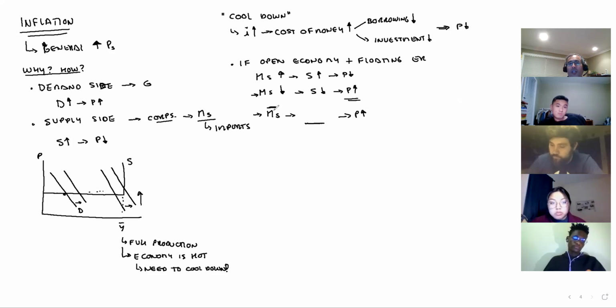What can create inflation given that imports are constant? Supply goes down. No. I'm saying it stays constant. So the supply stays constant. So how can supply staying constant increase prices? What variable have we been analyzing, guys?